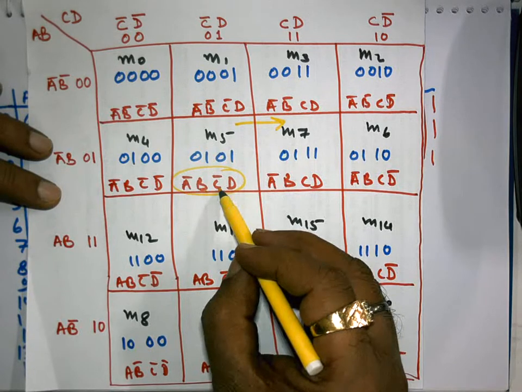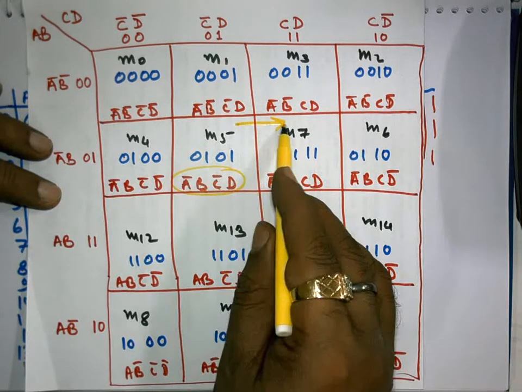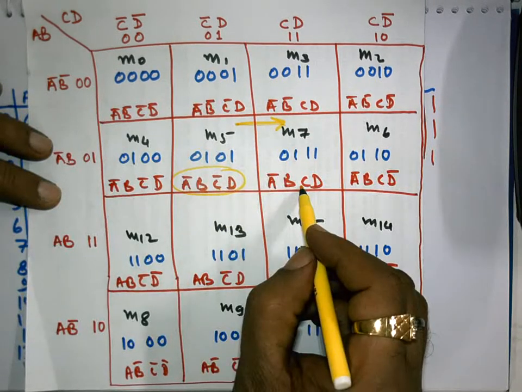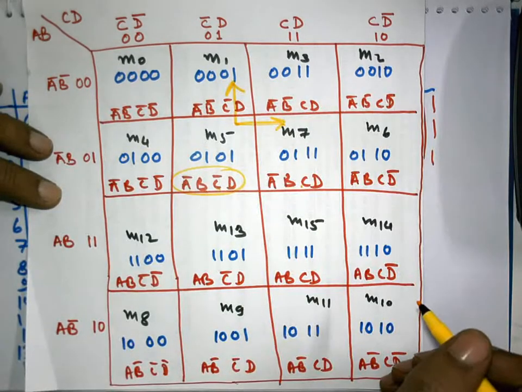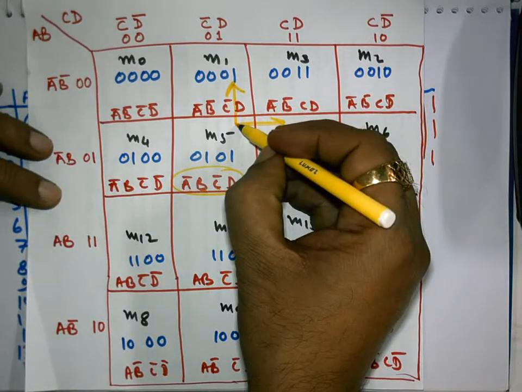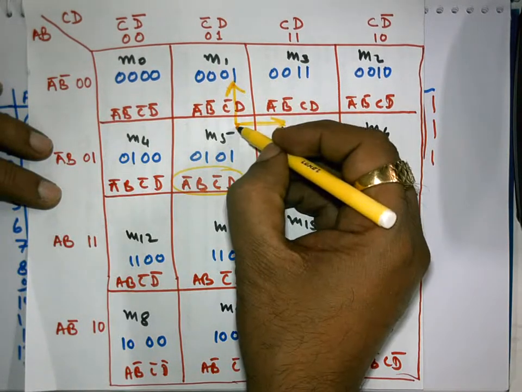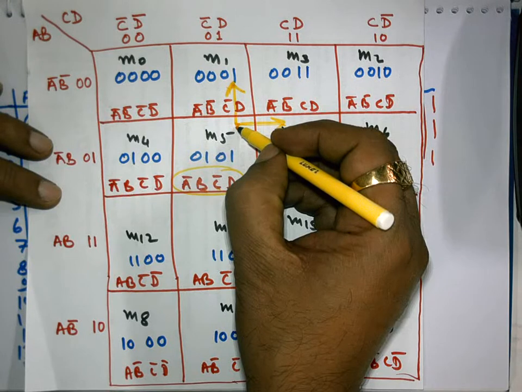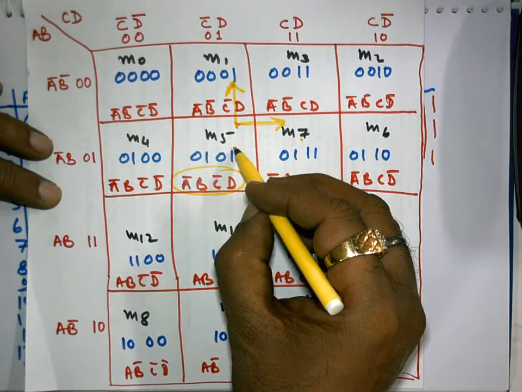C bar is changing to C. The rest of the three variables are the same. While this roaming, only C bar is changing to C. If you roam from M5 to M1, this is also a neighbor. M1 is neighbor of M5. M7 is neighbor of M5.